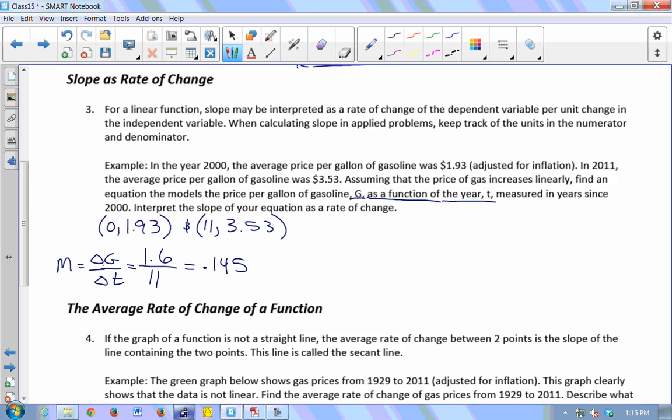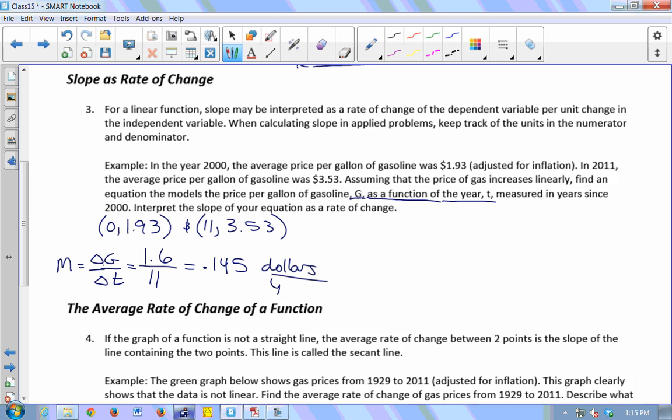Okay, so change in G, delta G, right? What are the units on that? Dollars, right? It's measuring the price of gas. So this is dollars, right? And then my change in T, what's the units on that? Years.